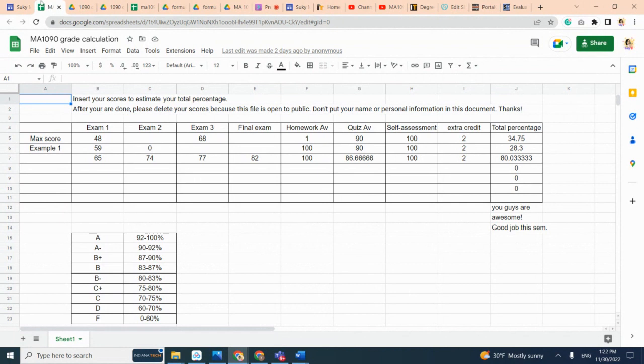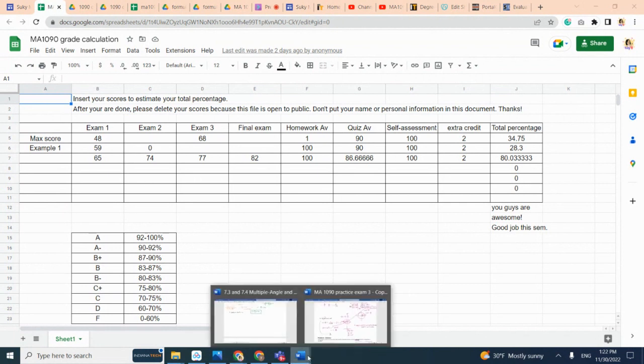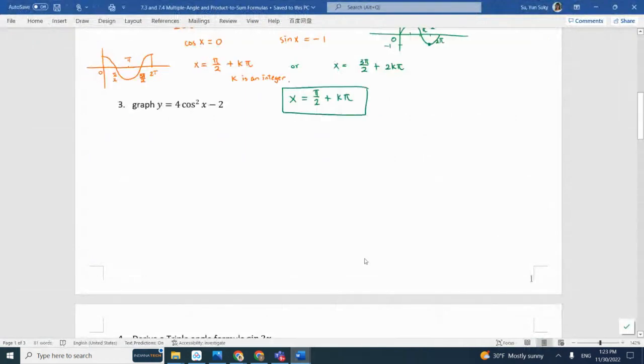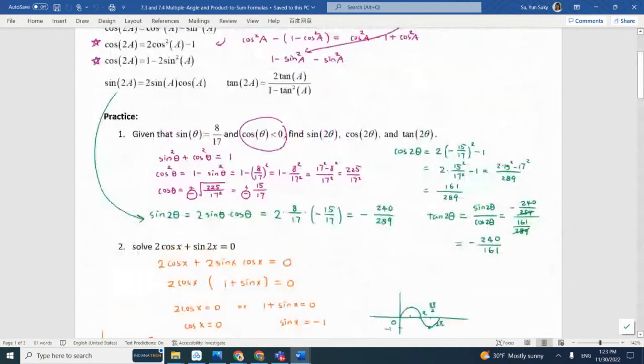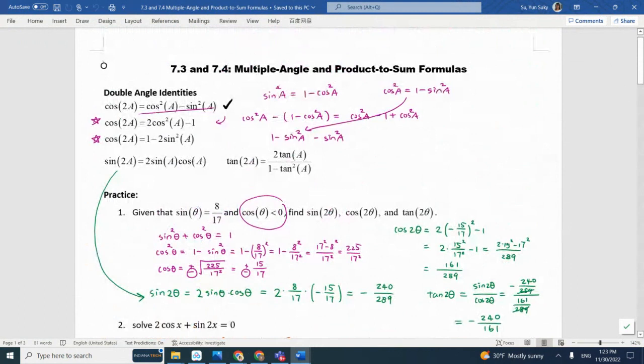Okay. And let's see. Okay, continue. So today, we're going to continue to look at sections 7.3 and 7.4. Okay. All right. So last time, we talked about double angle formula, right?